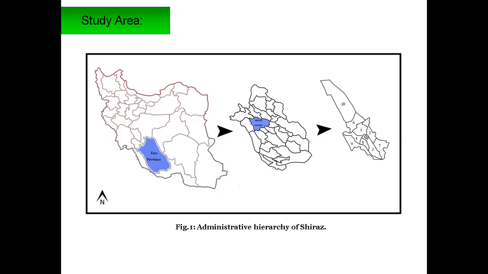Our study area was Shiraz City, which is placed in the central part of Shiraz County and embraces about 1.70% of the whole county. Shiraz has a population of 1,869,000 at the 2016 census. It has a moderate climate, which is generally classed as hot semi-arid climate.